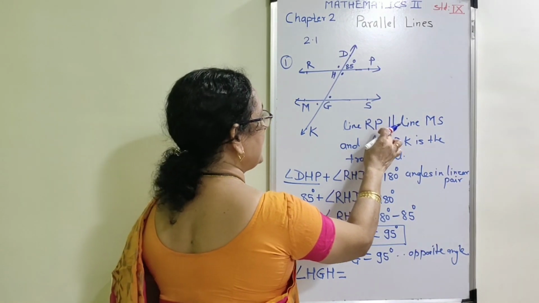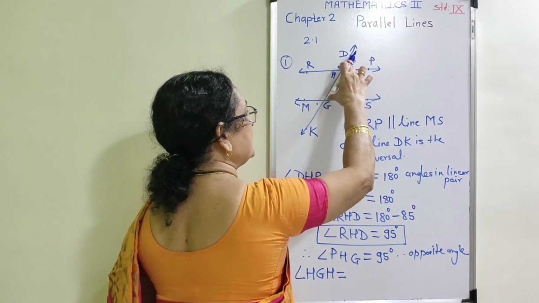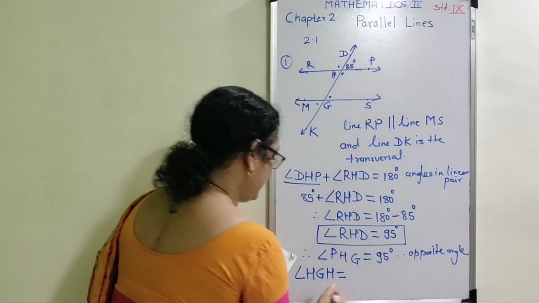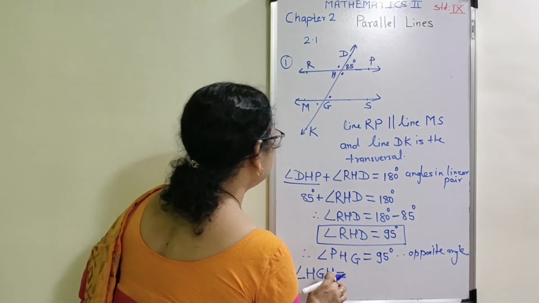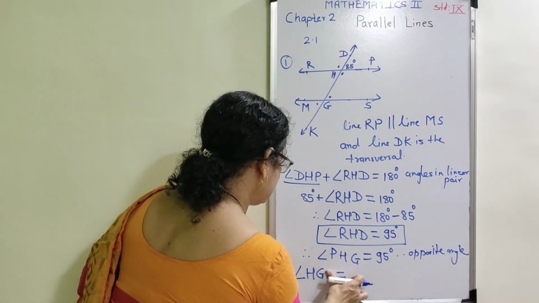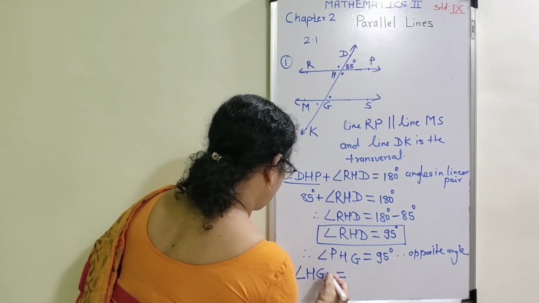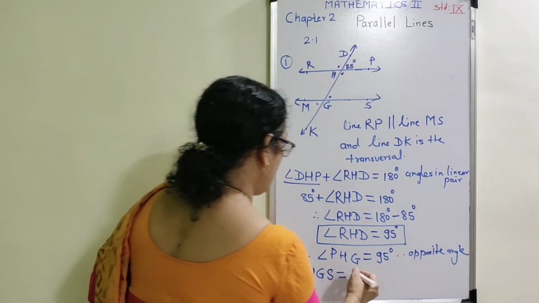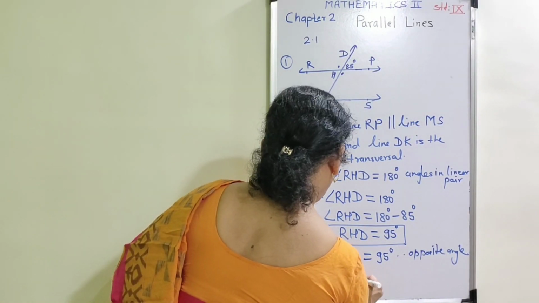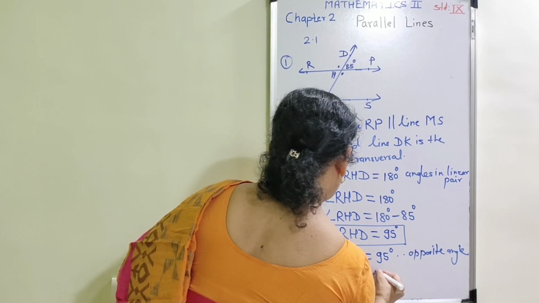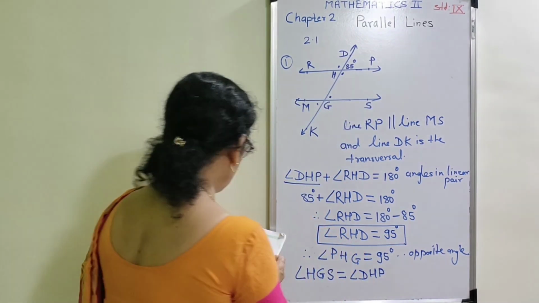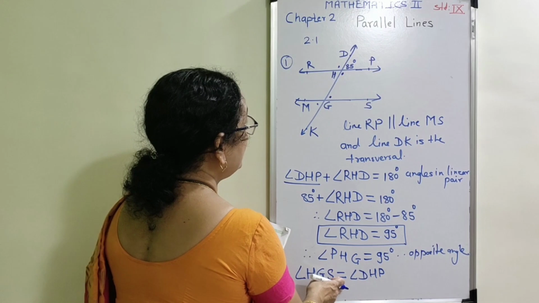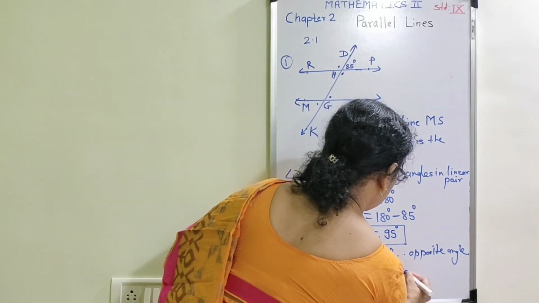Since the lines are parallel, their corresponding angles must be equal and therefore angle HGS is equal to angle DHP, since both are corresponding angles.